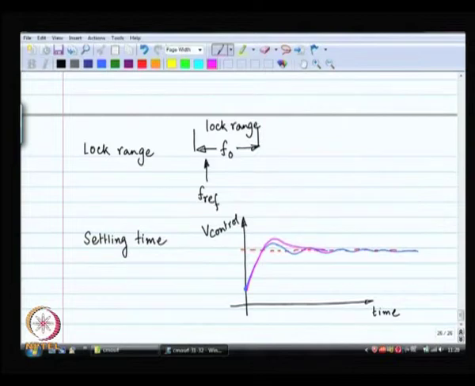Or if you have not paid attention to the values of the resistors and capacitors, then it might not even settle ever, in which case it is going to go like this. So, all of these are possible.